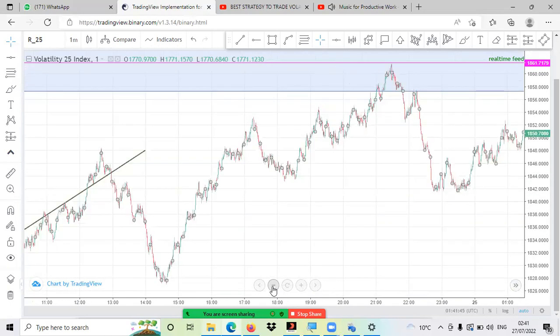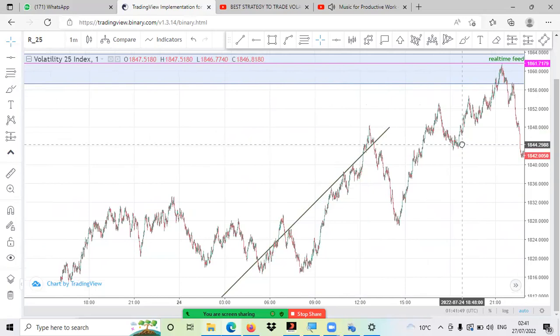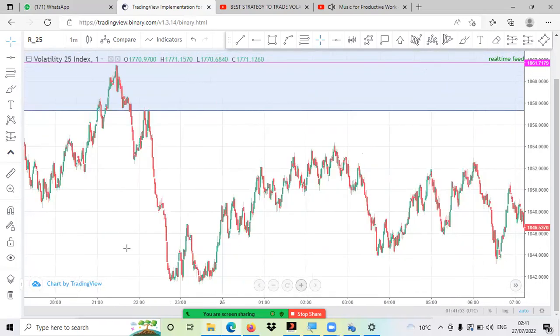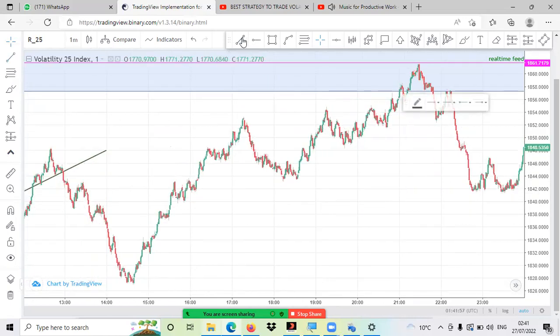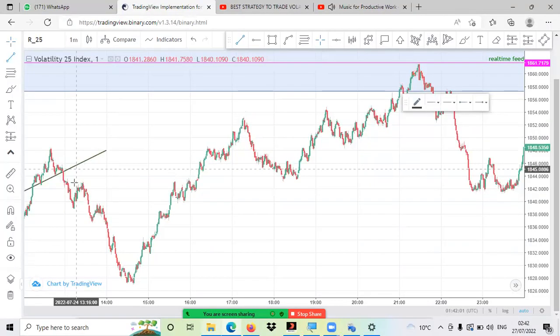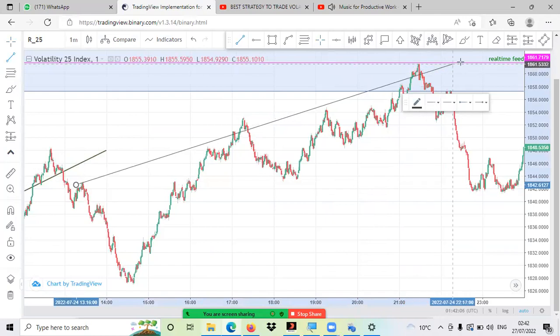So basically, you know the thing about trend lines. We could be having a trend line from exactly where? From exactly this point up to there.